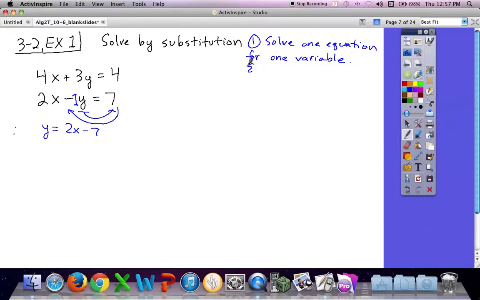Step 2: substitute for that variable in the other equation.